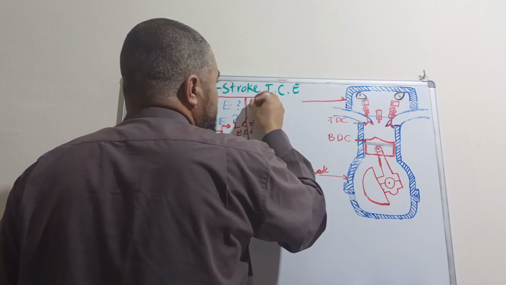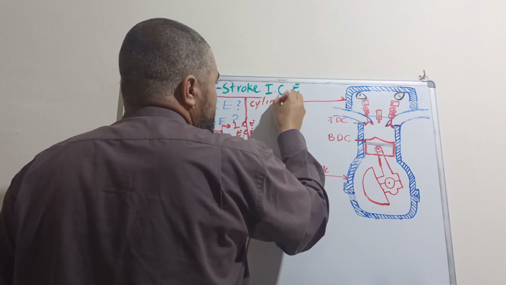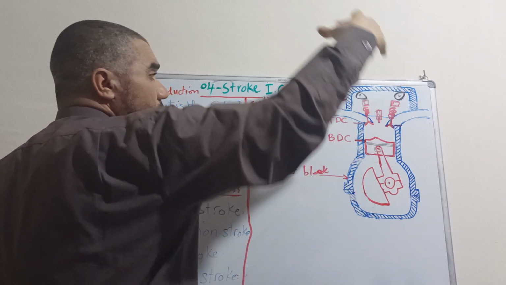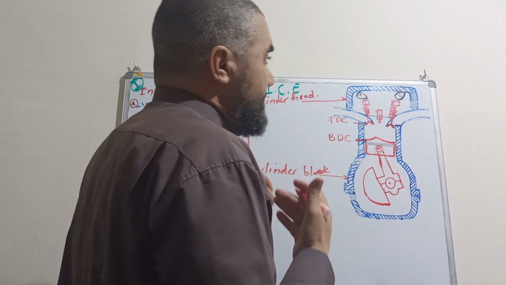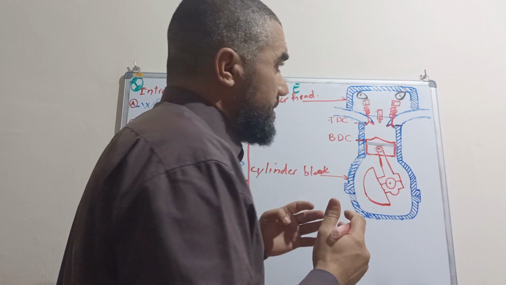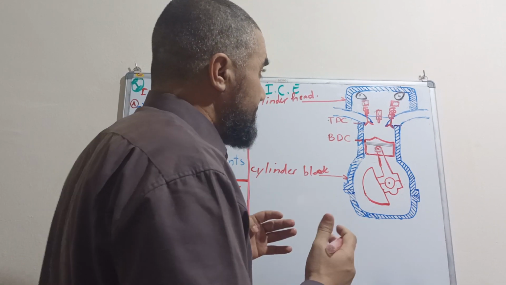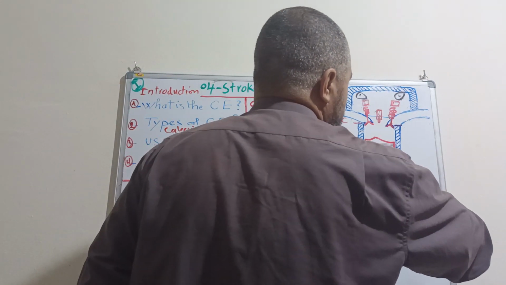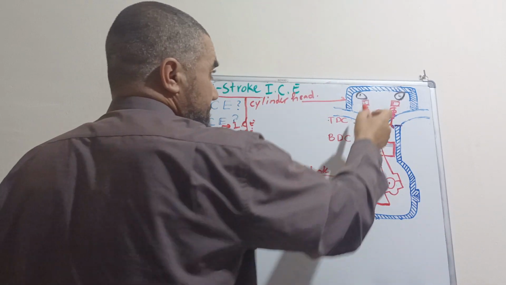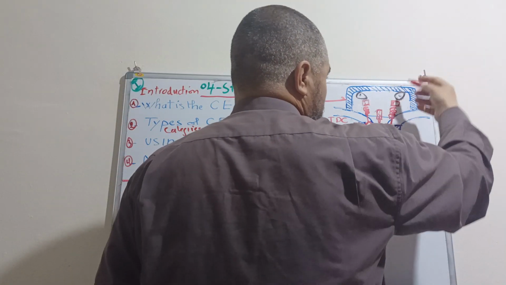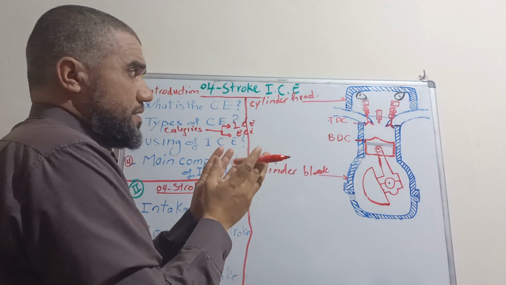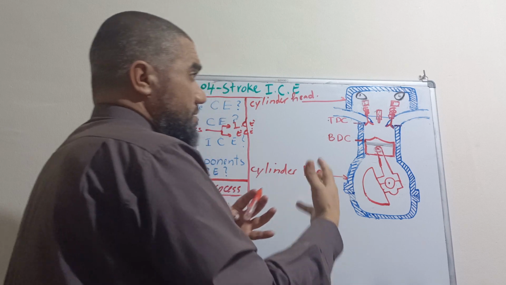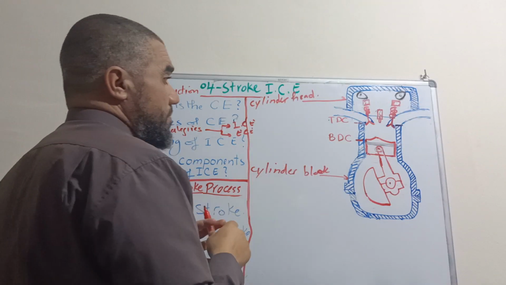Here, this is the cylinder head, fitted on the cylinder block, and it contains the distribution system. The distribution system is represented by the intake valve, exhaust valve, fuel injector or spark plug, the camshaft, and the rocker arm. The cylinder head with this distribution system is fitted on the cylinder block.